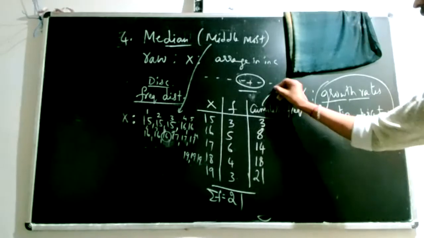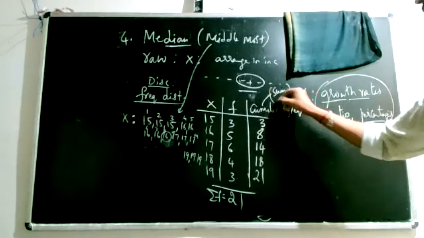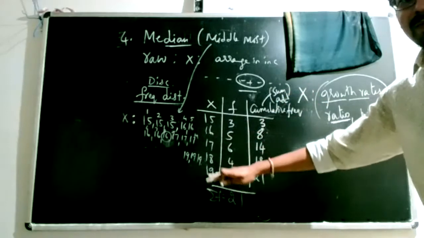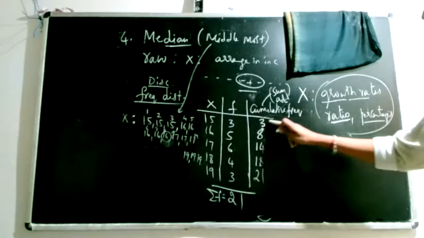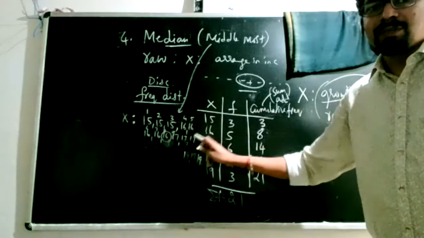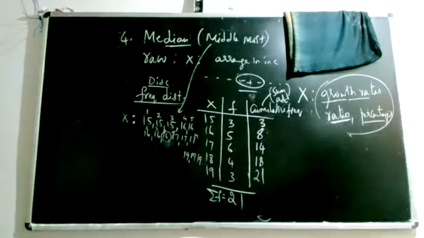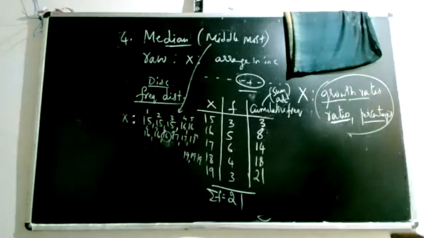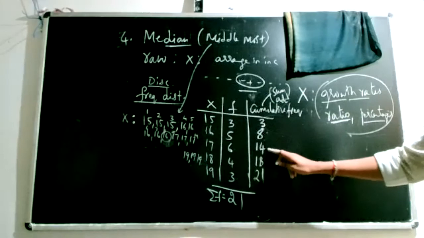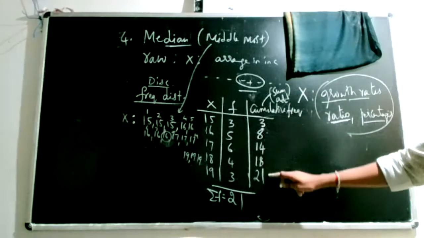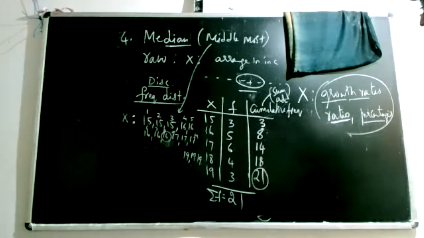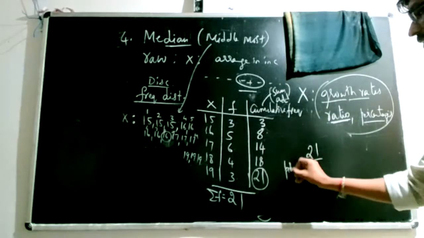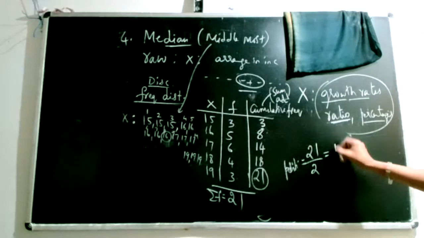So what does cumulative mean? Sum. So you are adding the frequency up to that particular value of x in order to have a look into the various positions where the values of x are changing. So totally you have the observations 1 to 21. So the values are changing with respect to these positions. So if I want to obtain the median, that will be the middlemost position. So the position for median is your n by 2.